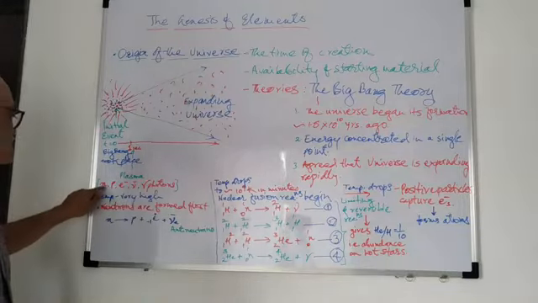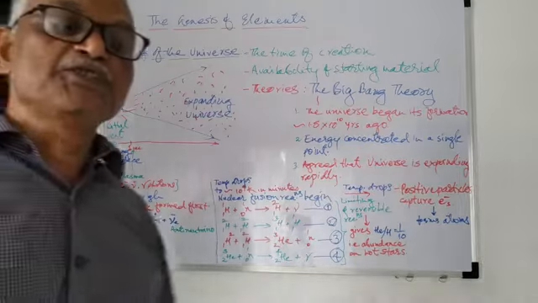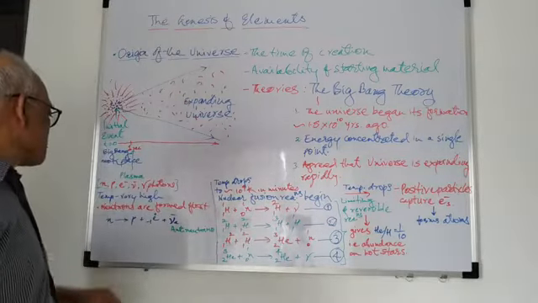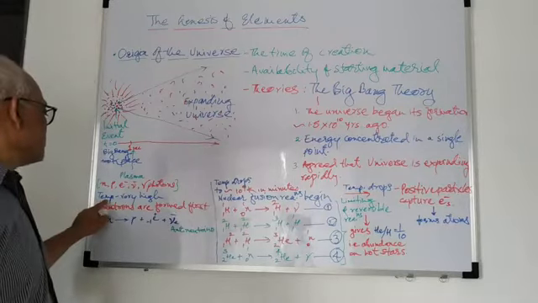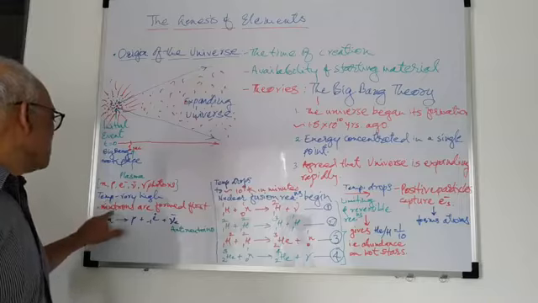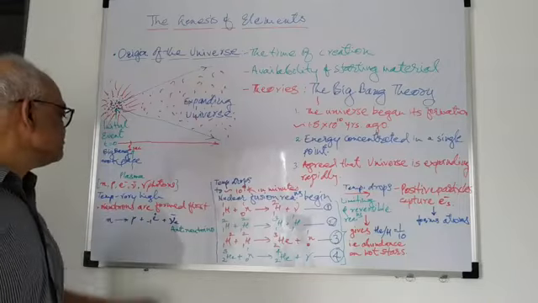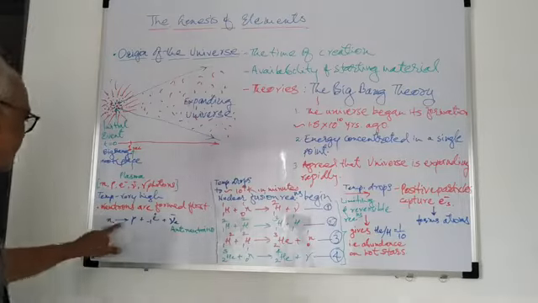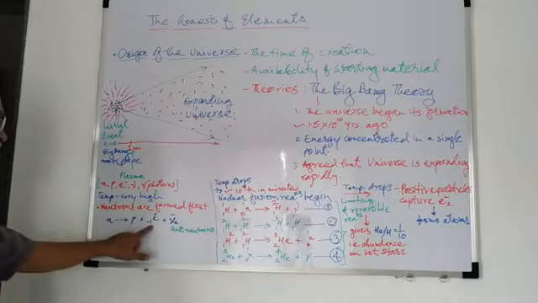These neutrons, initially at very, very high temperature, are then converted into other particles like protons, electrons, and antineutrinos.